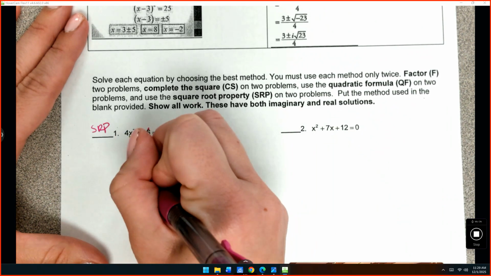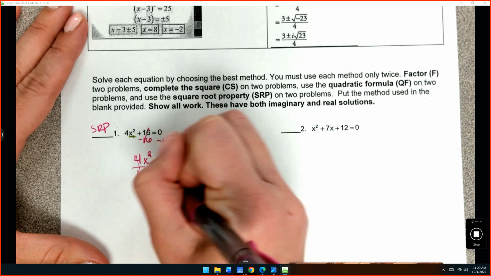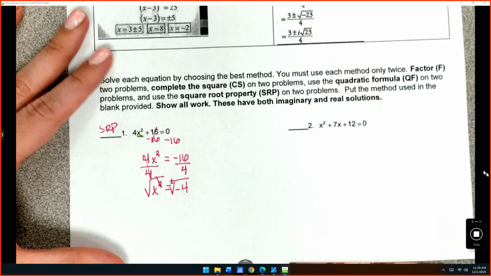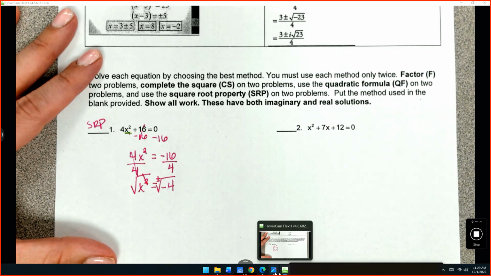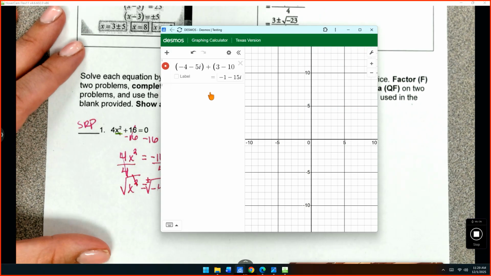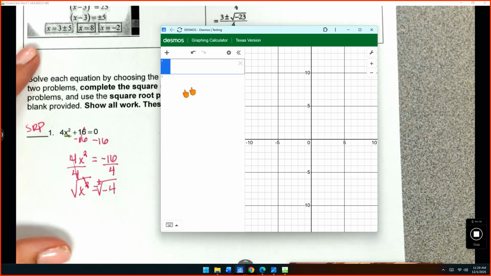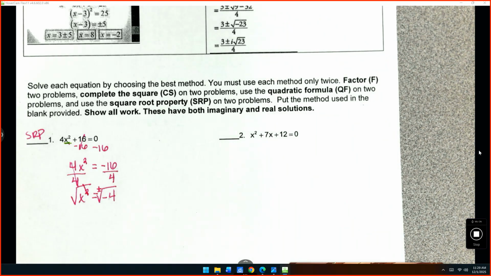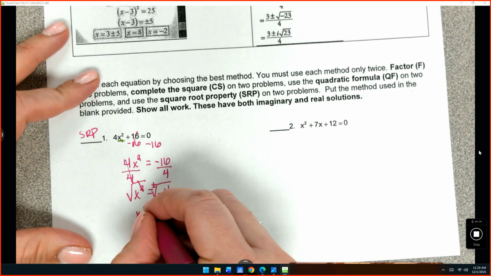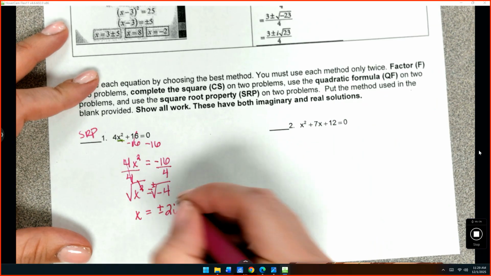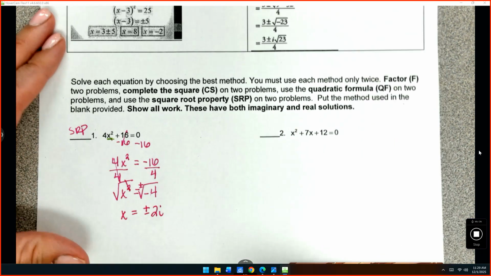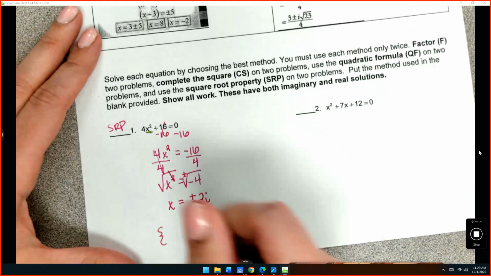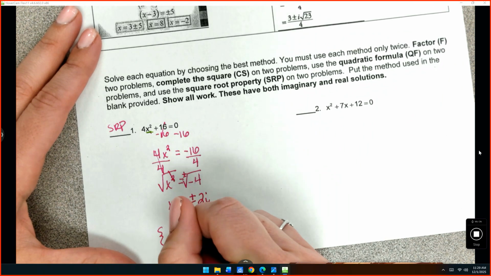We square root, plus or minus square root. And if you still have your imaginary thing turned on Desmos, you can say, what's the square root of negative 4? It's 2i. But it's plus or minus 2i, right? So x equals plus or minus 2i. And that's just our solution. So in my solution set, I would write plus or minus 2i.